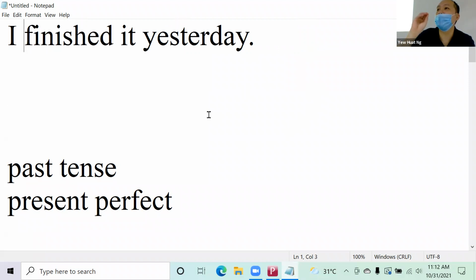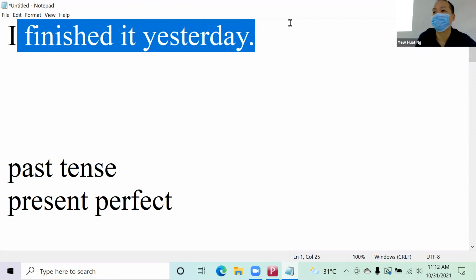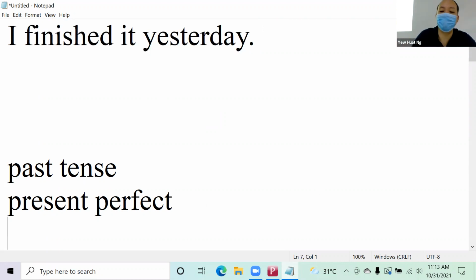If I want to put in a time, if I want to add a time, 具体时间, then I will use past tense. If the job is finished, but the time is not important, usually I use perfect tense. Oh, I finished it.